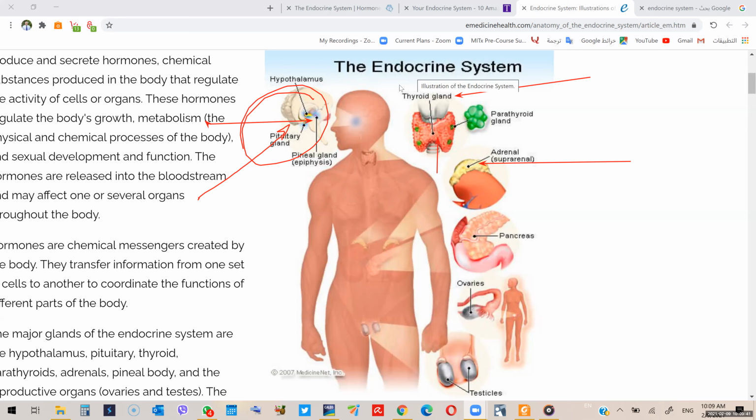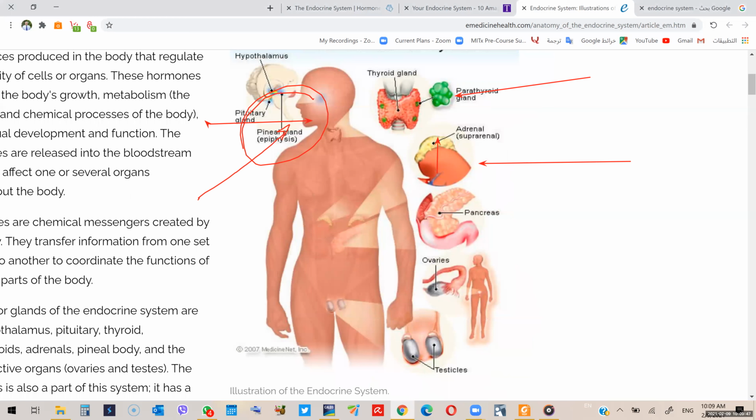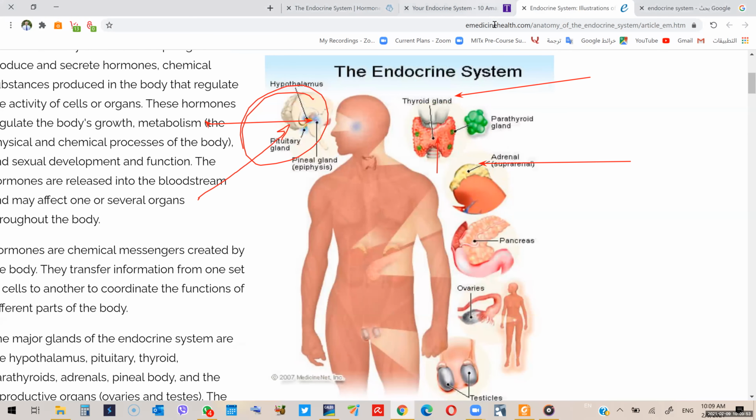So here we have, as you heard, these multifunctional glands, which make very important changes, and they are responsible for many very important functions in the human body, from growth to other functions of the body.